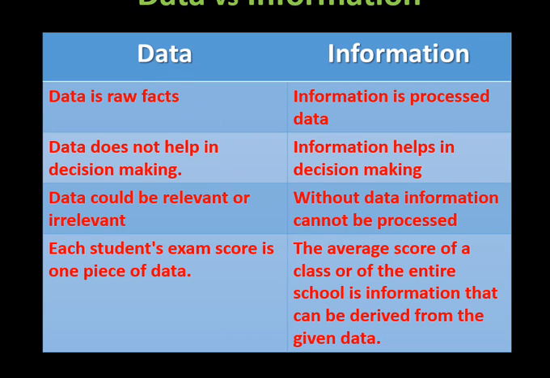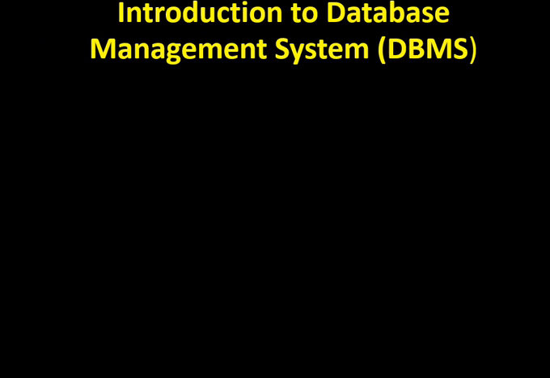Let's see the introduction to database management system. Now what is DBMS? A database, often abbreviated as DB, means database, is a collection of information organized in such a way that a computer program can quickly select the desired piece of data.